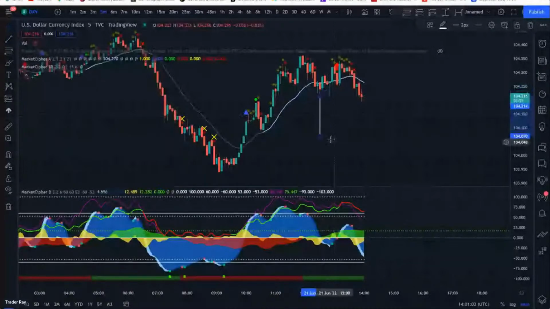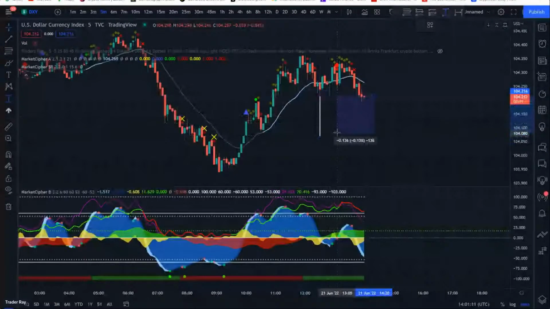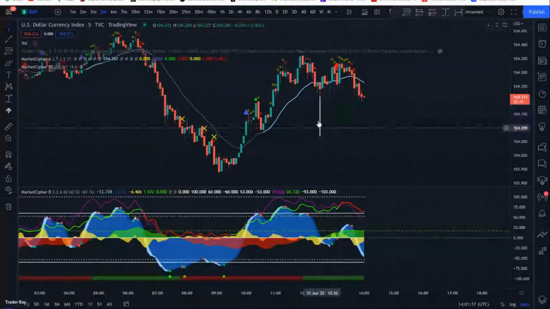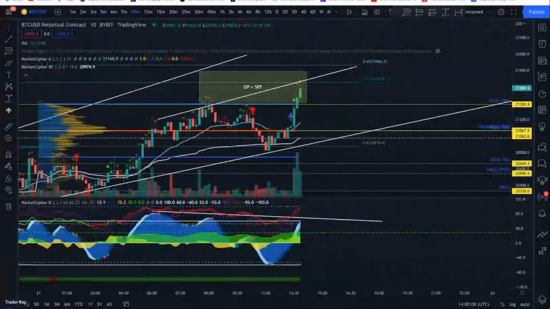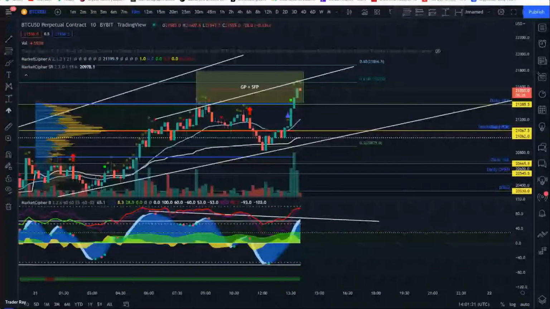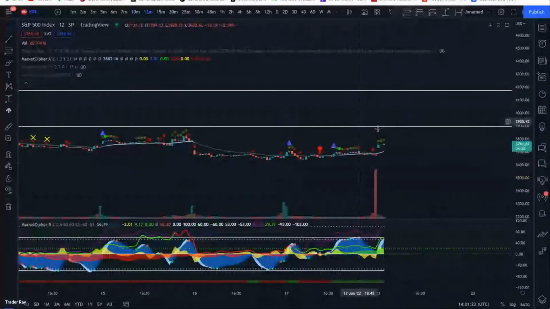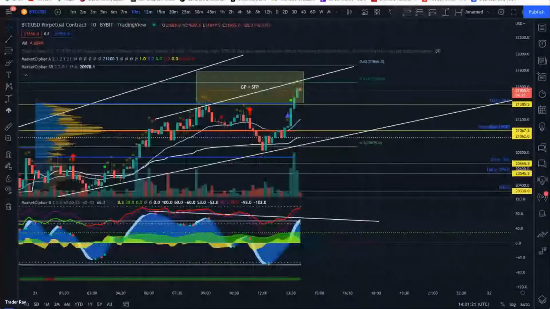Then we would go lower to approximately 104.07. So that is another drop of not a lot actually, 0.15%. Okay, so the dollar index is dumping, therefore BTC is pumping, and we have our S&P 500 pumping up right now. A bit of a relief rally, as we just said.